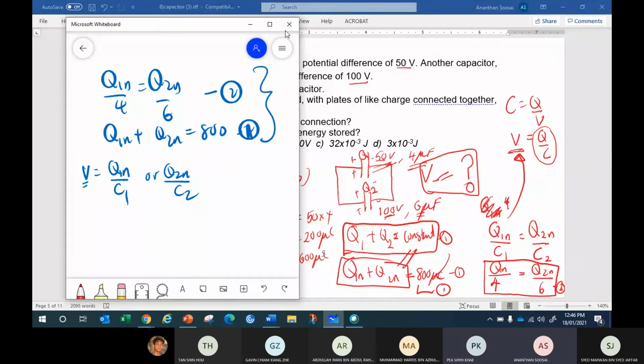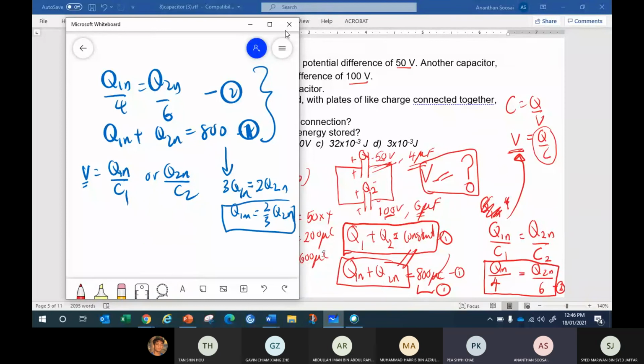Okay, so from here, can you find the Q? From the second equation, we found 3Q1n equals 2Q2n. So Q1n is found to be 2/3 of the Q2n.